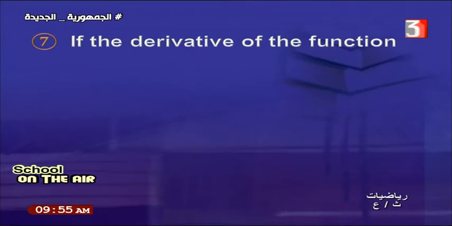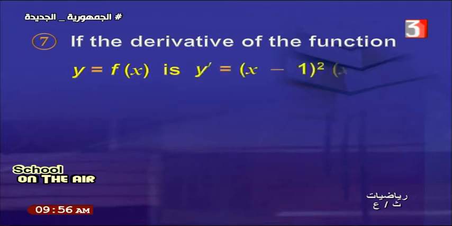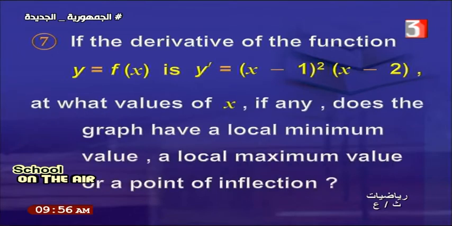If the derivative of the function y equals f of x is y dash equals (x minus 1) squared multiplied by (x minus 2), at what values of x, if any, does the graph have a local minimum value, a local maximum value, or a point of inflection?